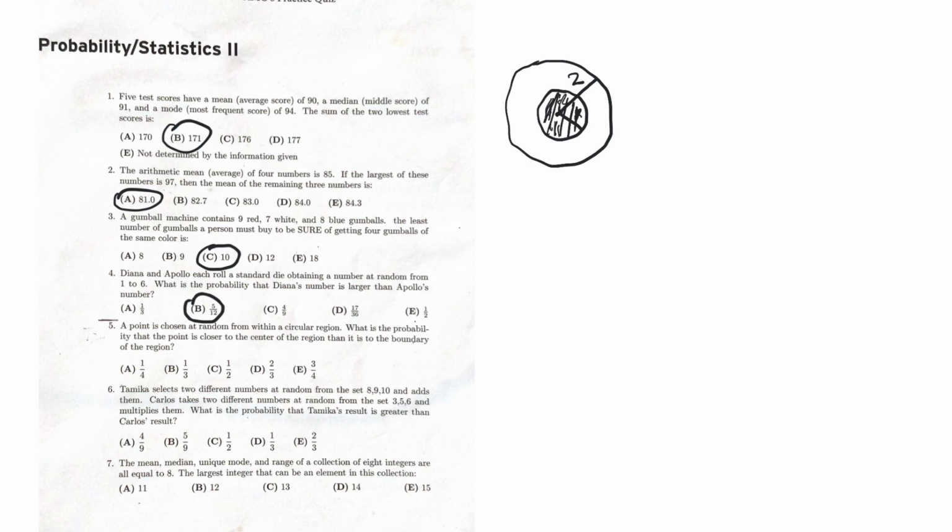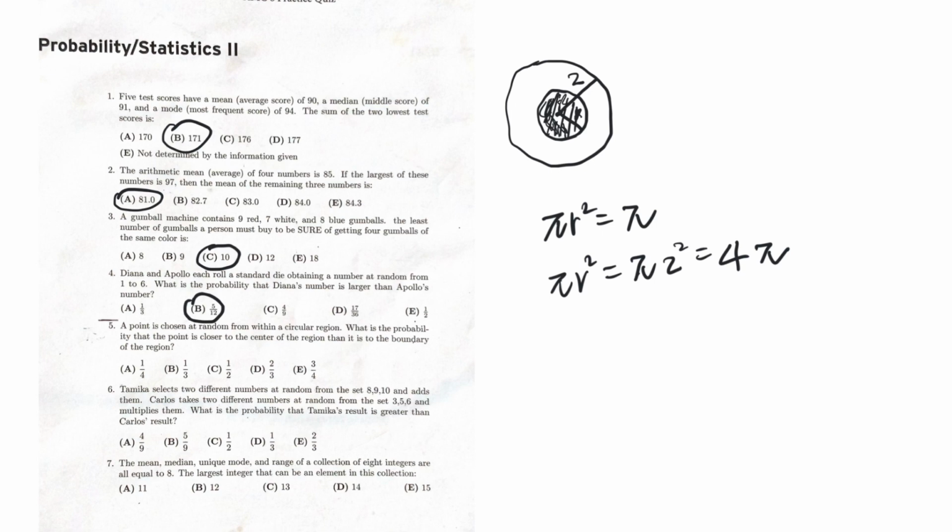In the smaller circle, what's the probability of the point being in the smaller circle? Now the smaller circle area is pi r squared, that's pi. And the large circle area is pi r squared, that's pi times 2 squared, that's 4 pi.